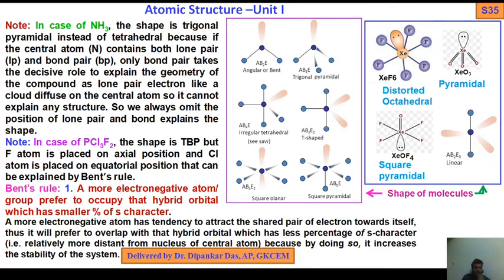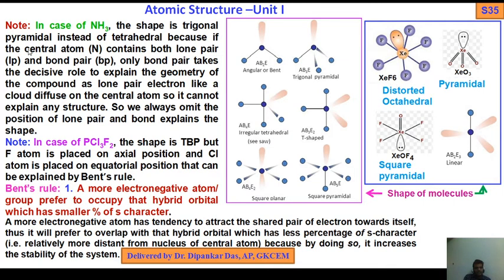Now in case of ammonia, instead of tetrahedral structure we get the trigonal pyramidal structure due to the presence of one lone pair of electrons.